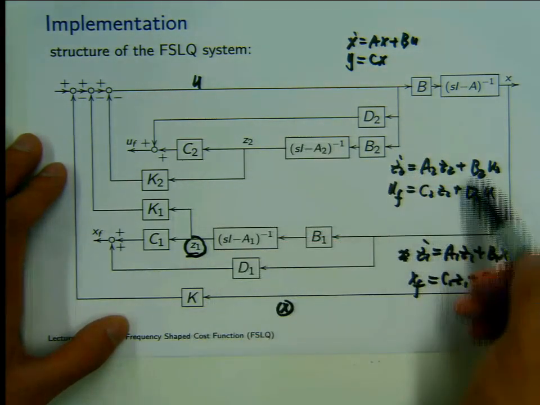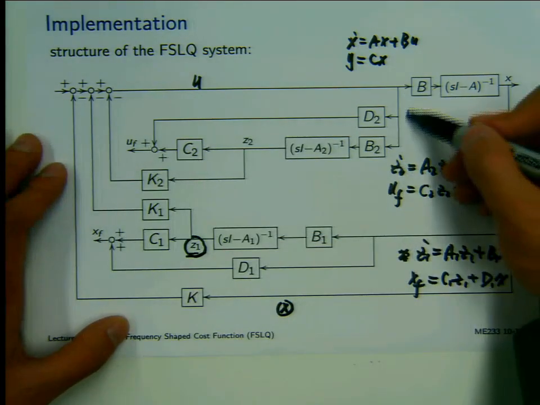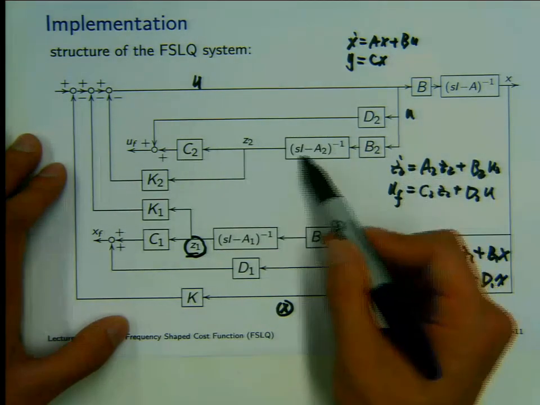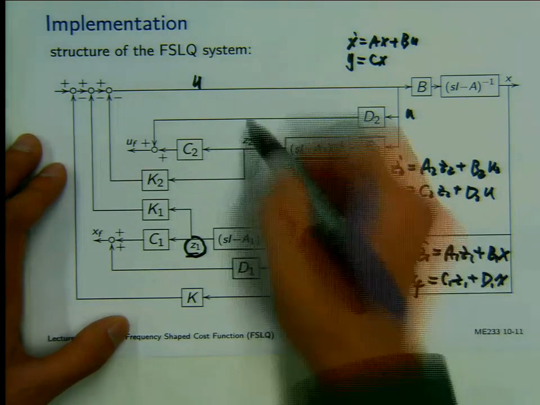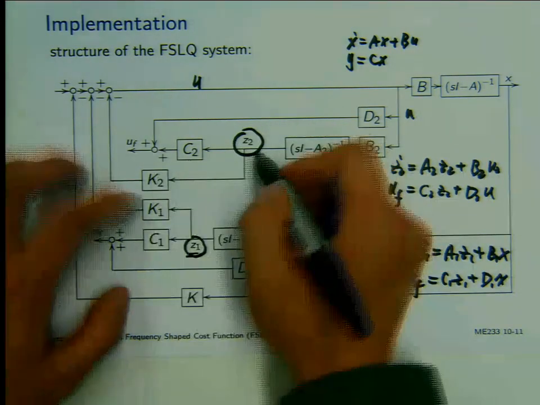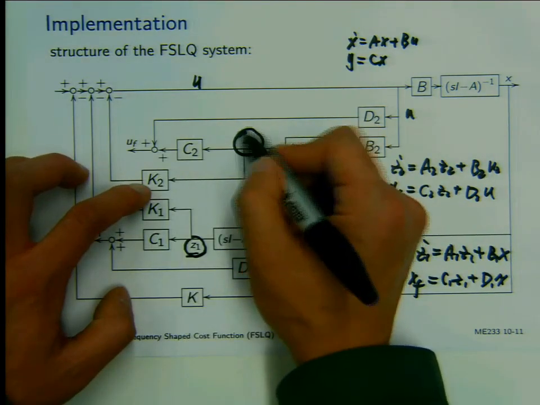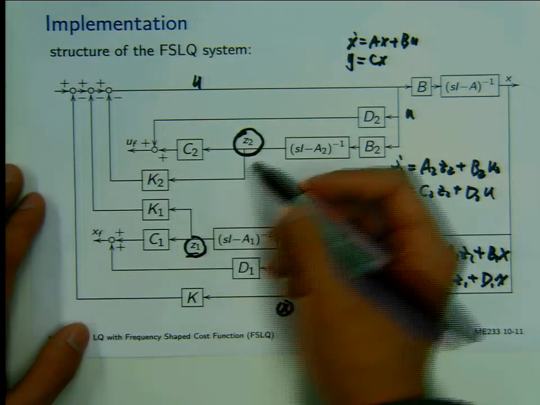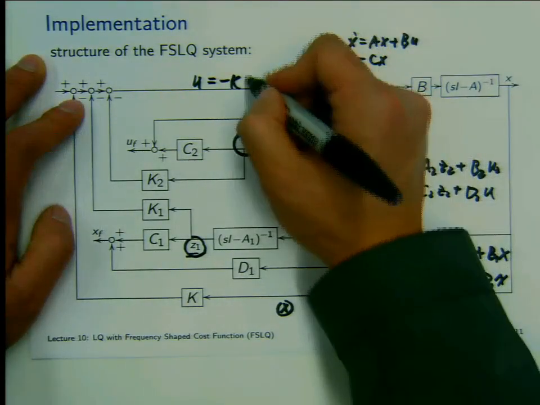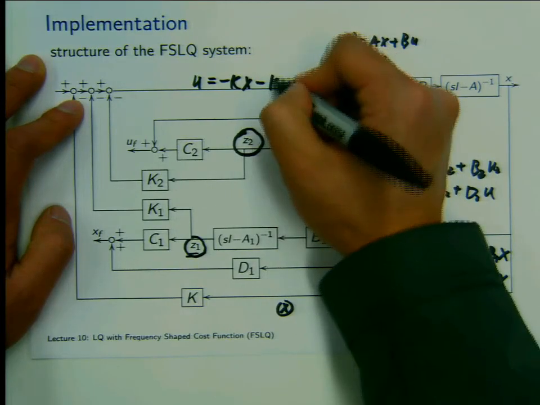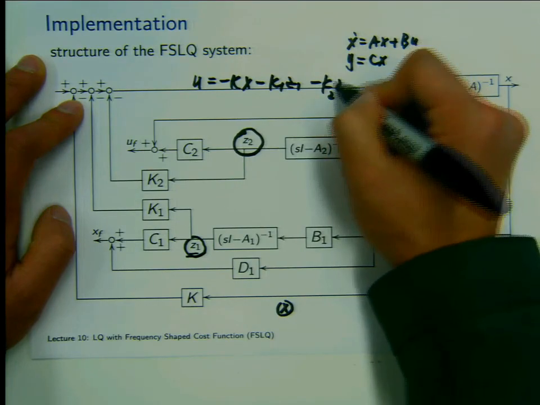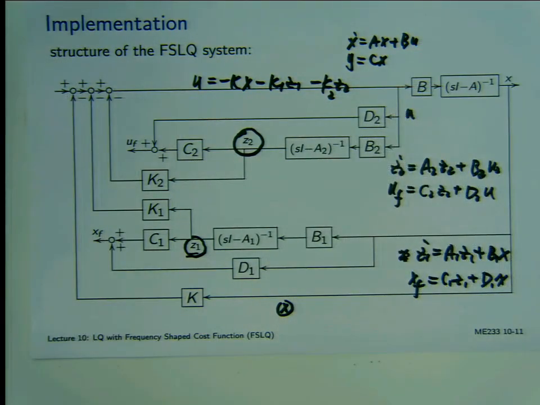And then do the same thing here. This is u. So z2 is u passing through b2 and then si minus a2 inverse. The optimal control law is some gain times this enlarged state z2. So u in the end equals negative K, which can be expressed as negative Kx minus K1 z1 minus K2 z2.